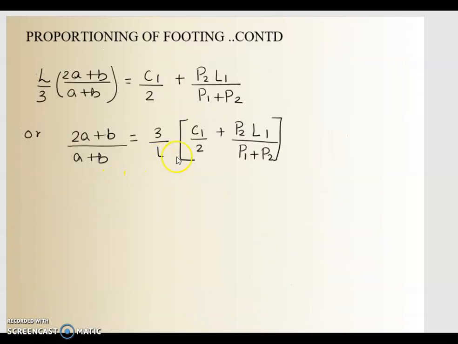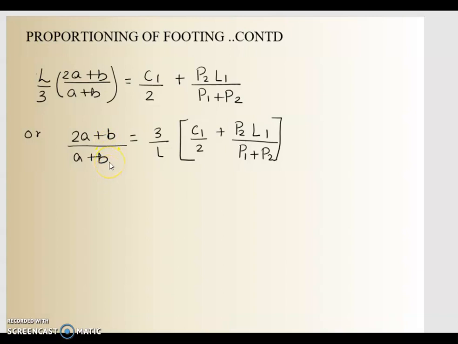Whereas on the right hand side, the loads coming on the columns, the distance between the columns L1, and the dimension of the column are all fixed. So once I know this right hand side, by trial and error, I can fix A and B. You will not get A directly. You will get a value for this entire expression. By trial and error, you can get a suitable A and B.